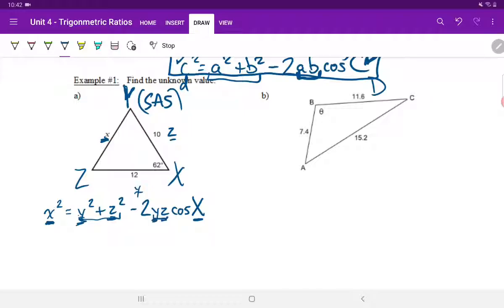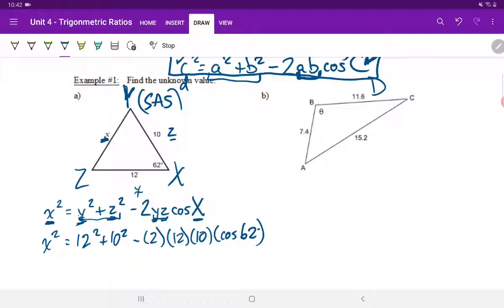Okay? And now we simply fill in our information. So we have x squared, which we're solving for, is equal to lowercase y, which is 12 squared plus 10 squared minus. Now put everything in brackets because it's all multiplication. 2 times 12 times 10 times the cosine of angle x, which is 62 degrees.